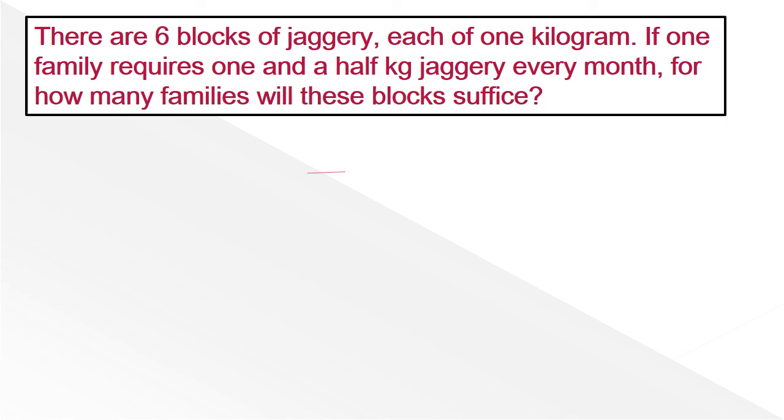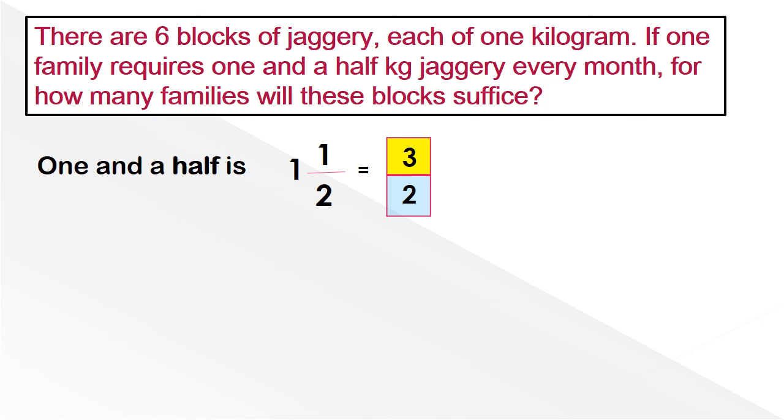Jaggery means gud. 6 blocks, each of 1 kilogram. Now, if one family requires 1.5 kg, what is 1.5 actually? It is 1 and 1/2, which is 3/2.